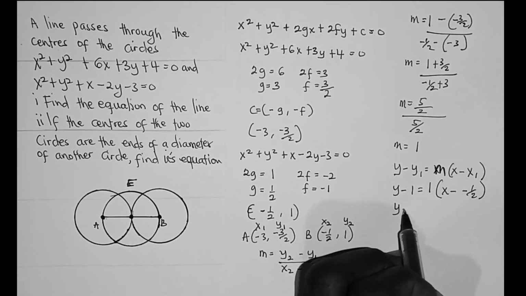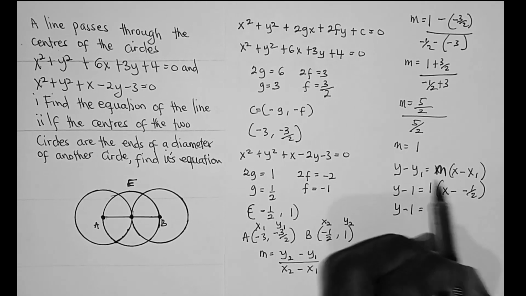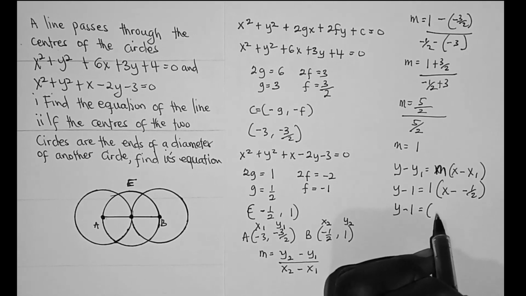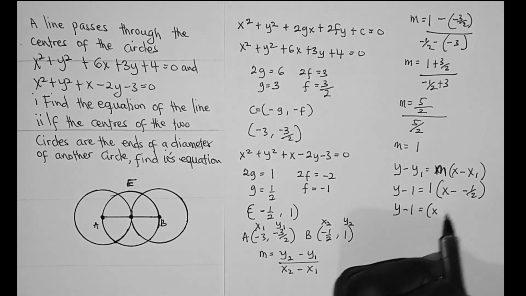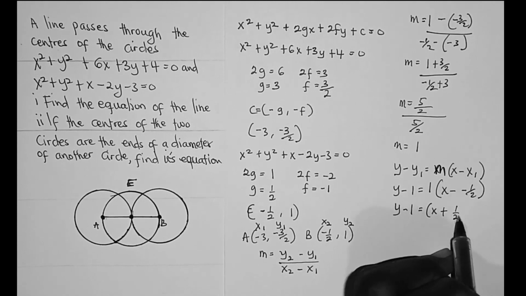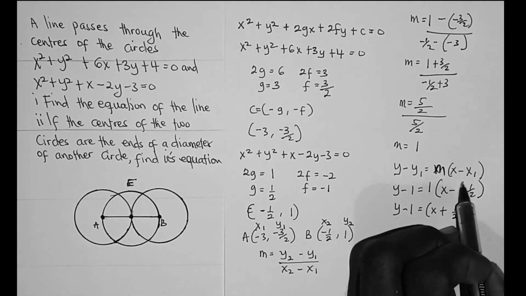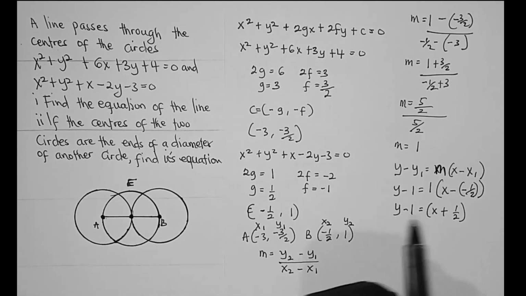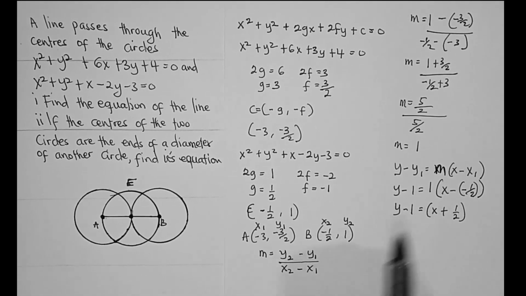So this is equal to y minus 1 equals 1 times all of this, which would just be x, then minus minus becomes plus 1 over 2. Let me put this in small brackets. So let's take 1 to this side of the equation.